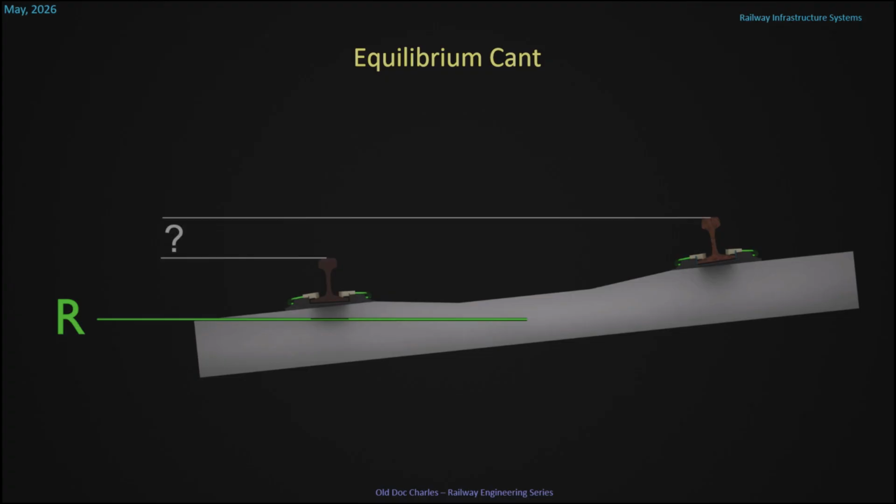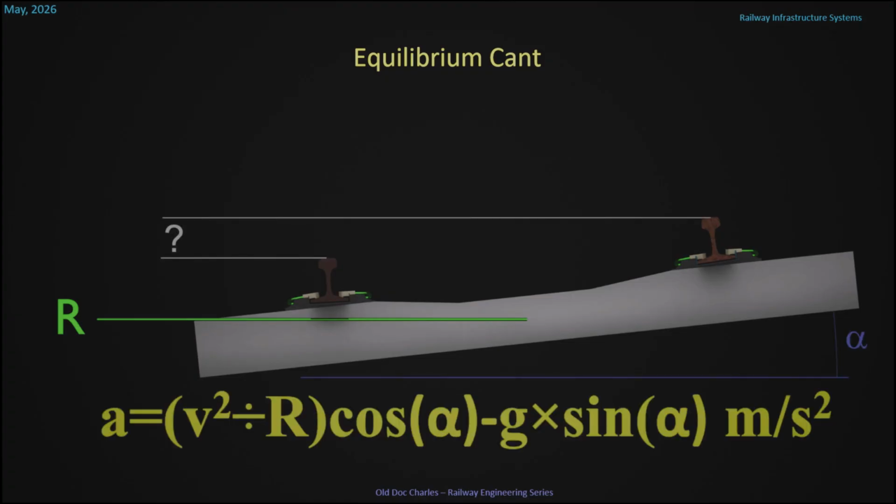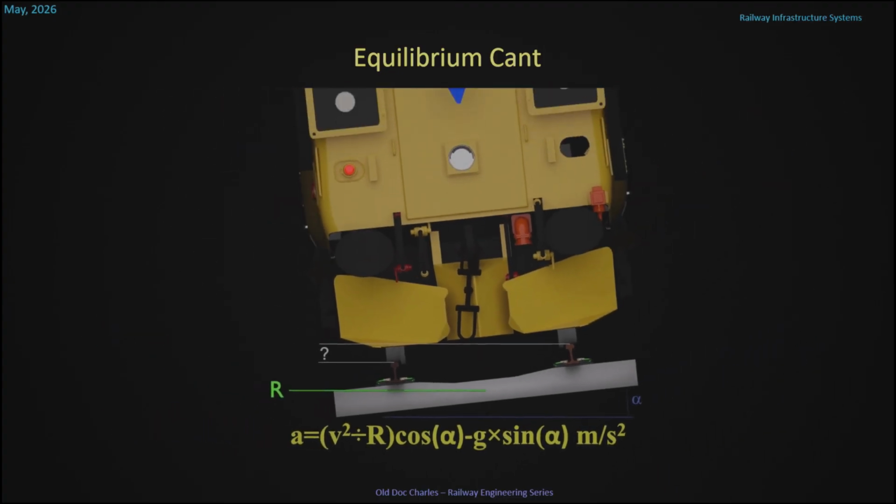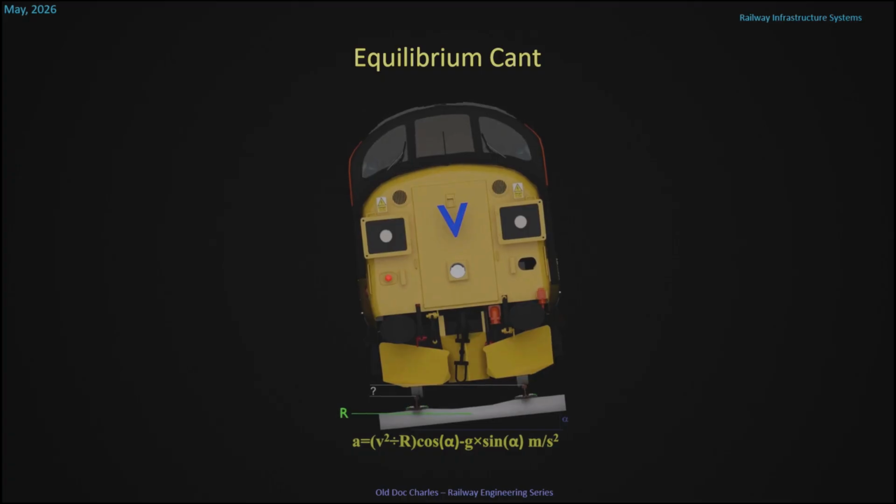So how much cant do we apply? If you look at the complicated formula, apart from the cant, the lateral acceleration depends on the train speed and the curve radius. Now if we keep the train speed and the radius constant, then for a particular amount of cant, the lateral acceleration will be 0.